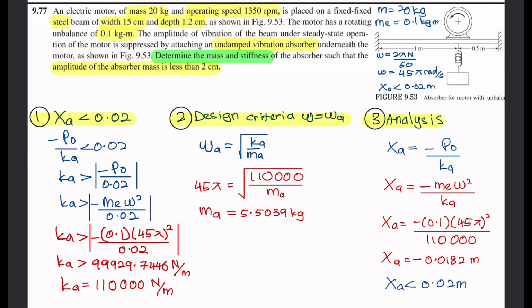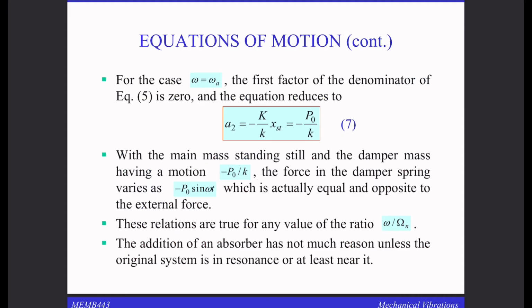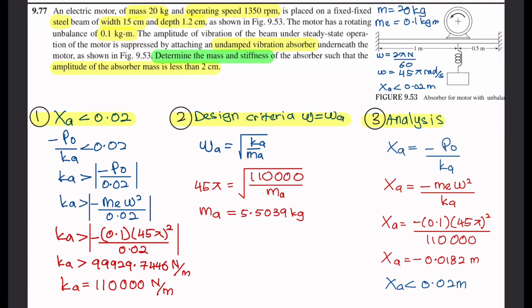P is your force. This system is an unbalanced system. In an unbalanced system, you can change your force if you don't know it, because the question didn't give you any force. So you can change your force to be ME omega square. So in the formula X equals negative P naught over KA, I bring P naught to the other side along with the negative.